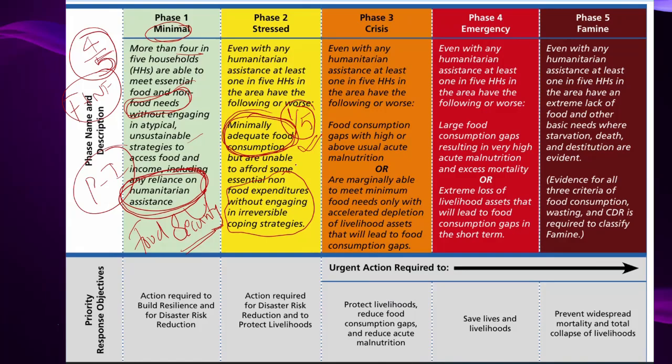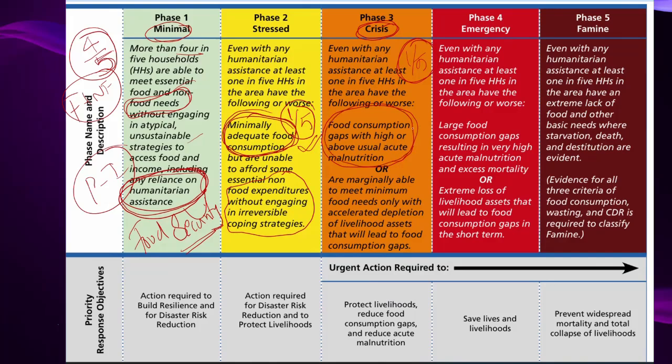And the third phase is the crisis. Here also, even with any humanitarian assistance, 1 out of 5 households face any of the following conditions. Food consumption gaps with high or above usual acute malnutrition.